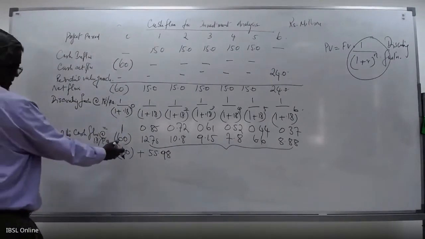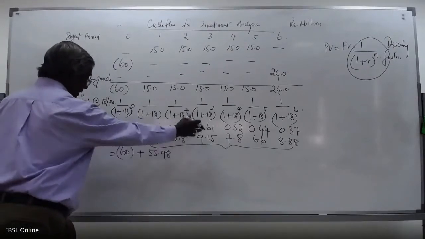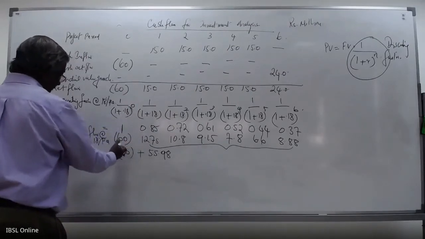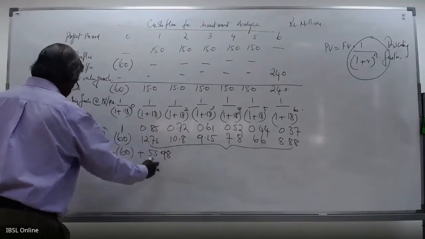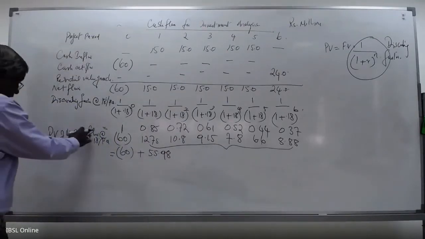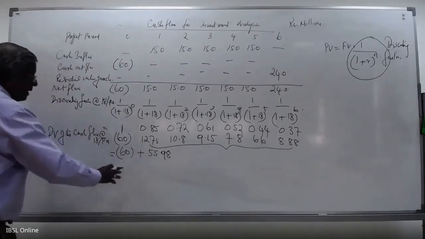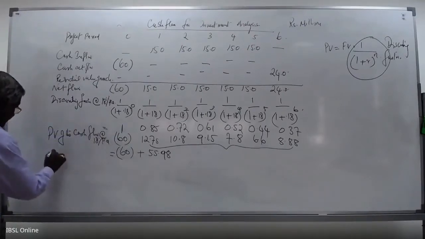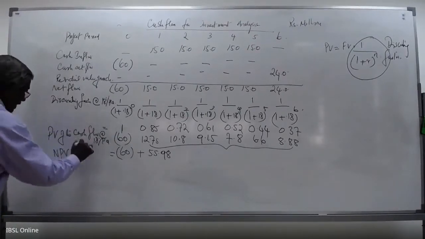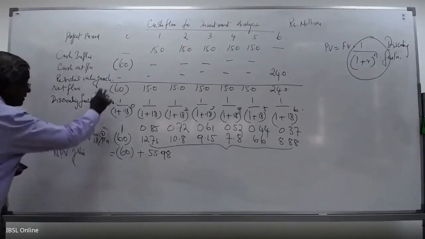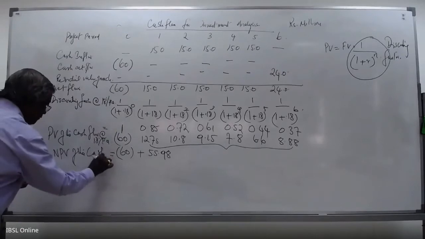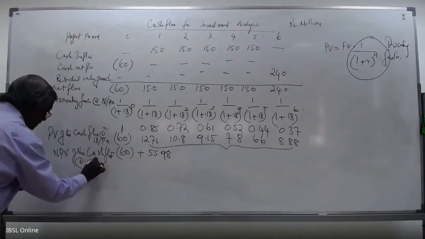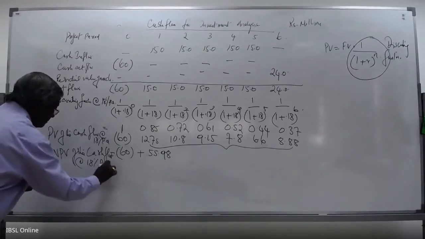This is a negative value, this is a positive value, this is the income. So what is the difference? The difference between the cash outflow and the cash inflow. These are present values. When you take both together, it is the net of present values. We call it NPV, net present value of the cash flow at 18% per annum.